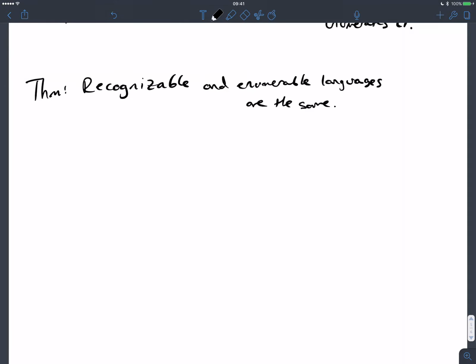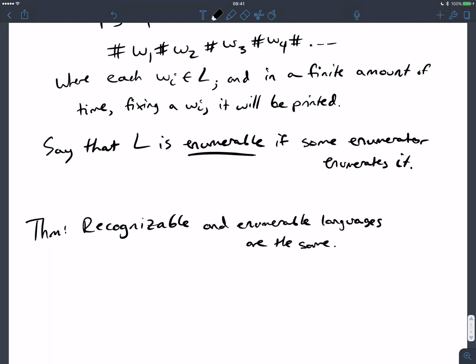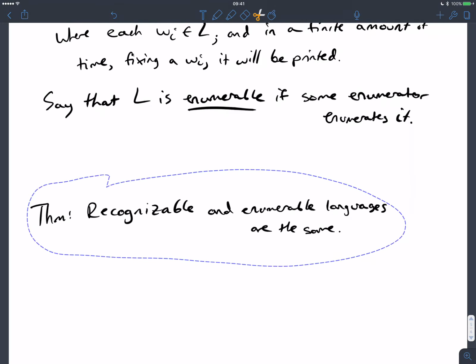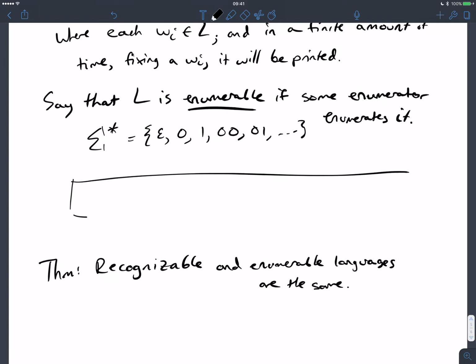Okay, we are back. Let's get back into things, but any questions about what an enumerator is? So we can actually show an example of an enumerator. For instance, for the language sigma star, if it's the empty string, 0, 1, 00, 01, etc., then I can enumerate that language.